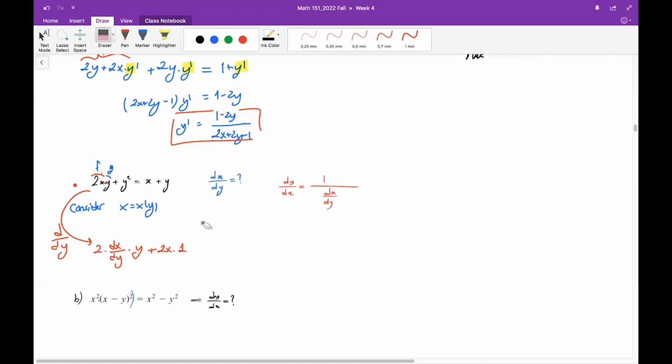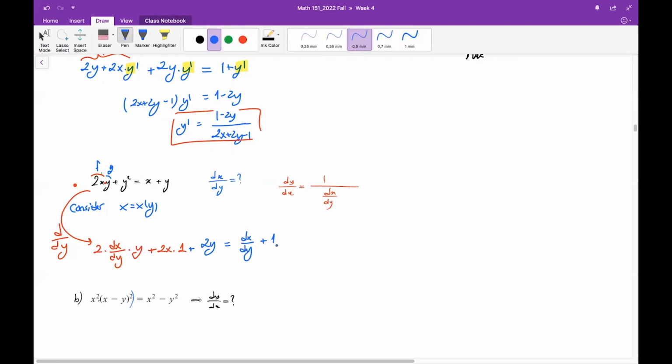That's why it is just 1 now. Remember, you changed the roles of x and y. y is an independent variable now, and you are taking the derivative with respect to y. And then the second part, the derivative of y squared with respect to y is just 2y, and moved to the right side, it is dx over dy plus 1.